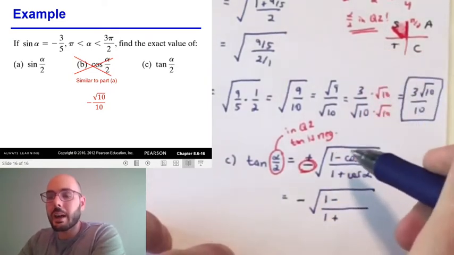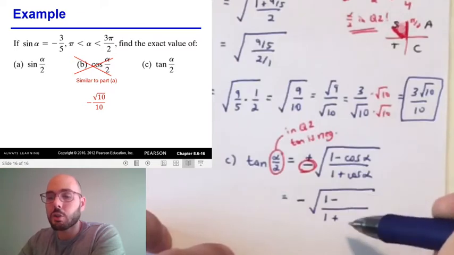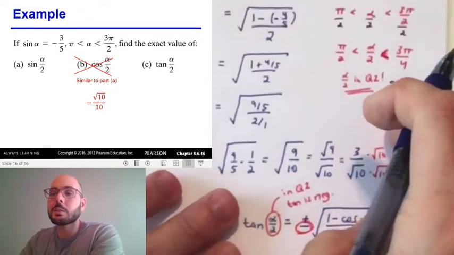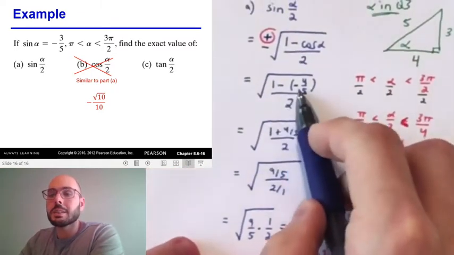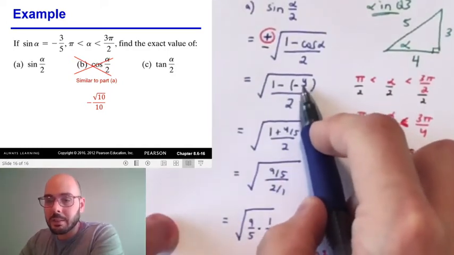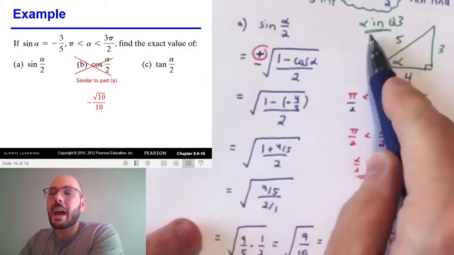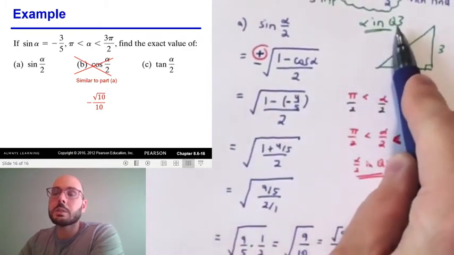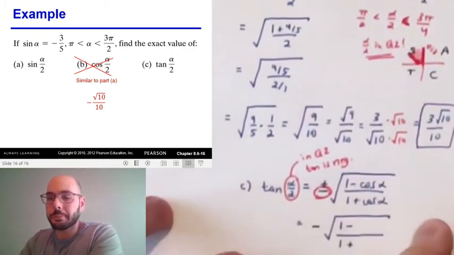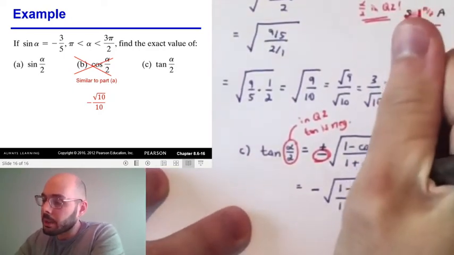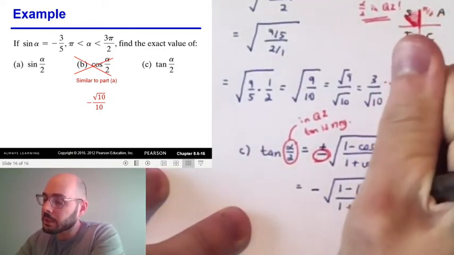So cosine alpha we have in 2 places here. We already know what that is because we did it in part A. Cosine alpha is negative 4/5. 4/5 because we use our triangle. Negative because alpha is in quadrant 3 and cosine is negative in quadrant 3. So we put negative 4/5 in both of these places.